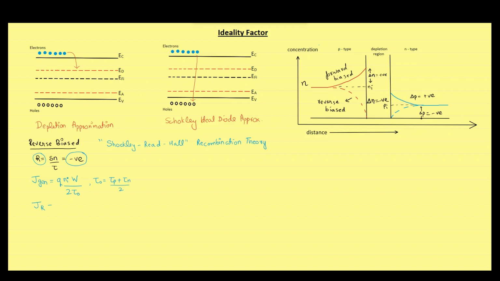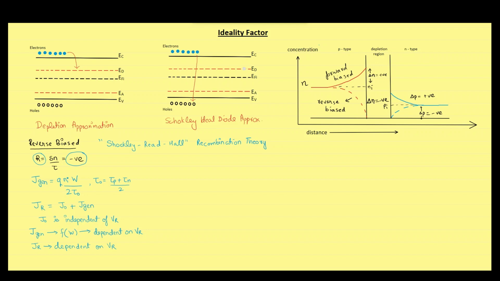The net reverse current density will be equal to ideal reverse saturation current density plus generation current density. The ideal reverse saturation current density, which is J0, is independent of the reverse bias voltage. However, generation current density is a function of depletion width, which in turn is a function of reverse bias voltage. Therefore, the actual reverse bias current density is no longer independent of reverse bias voltage.